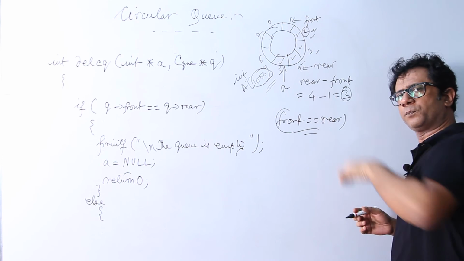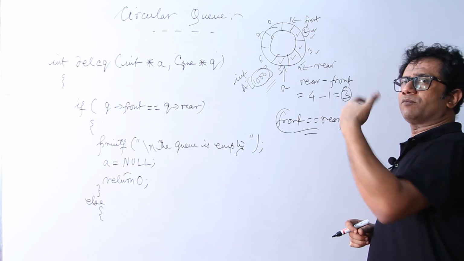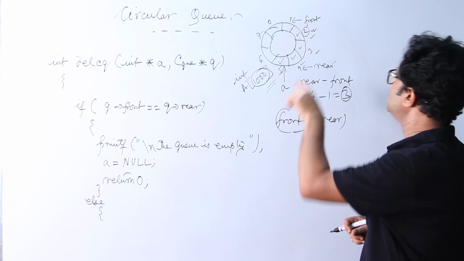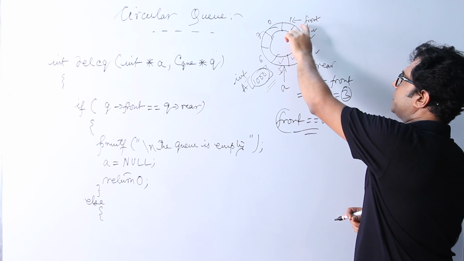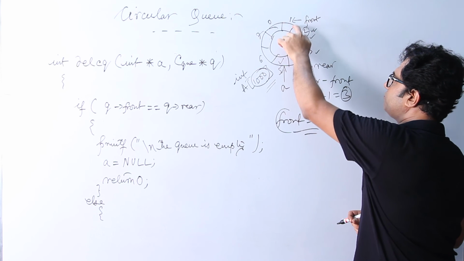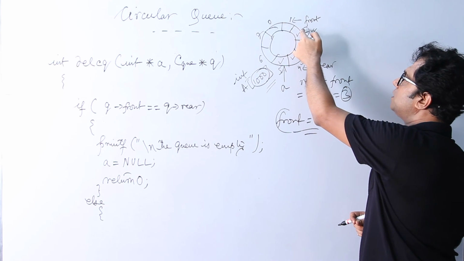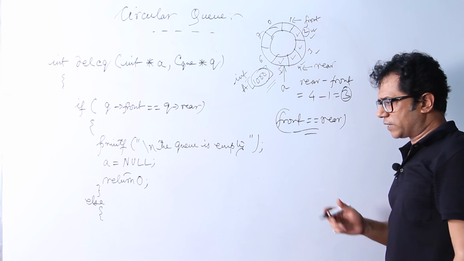So we will perform a pre-increment of front, just as we did the pre-increment of rear in the addition operation. We will pre-increment the front, take it to this position, fetch the element in the number 2 position, delete that element and put it into star A. That will be our operation.